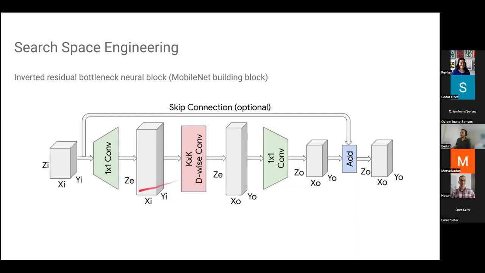So the optimization here is that we keep the Z small and then increase it using a cheaper pointwise convolution, and do this expansive K by K using a depthwise separable convolution, which is a lot cheaper, and then project it back into the original Z. So overall, this block mimics a full K by K convolution done at this expanded Z, but it is much faster. Right? So this is the key block that MobileNet introduced.